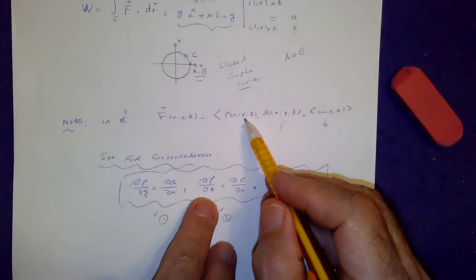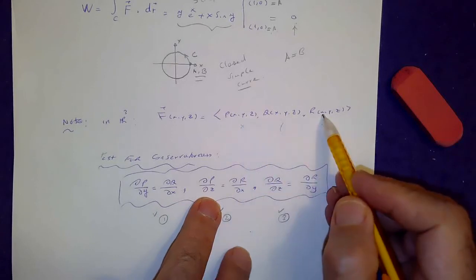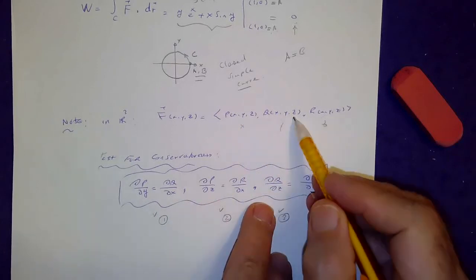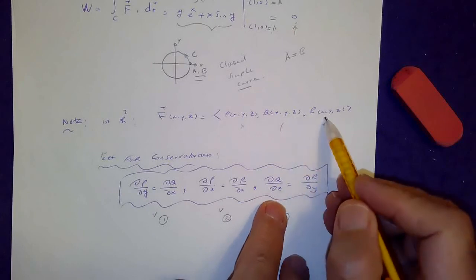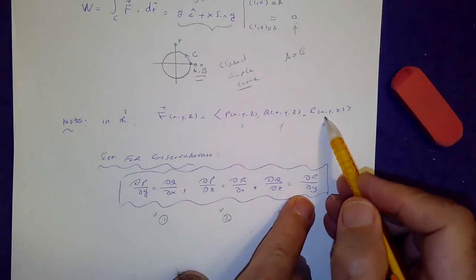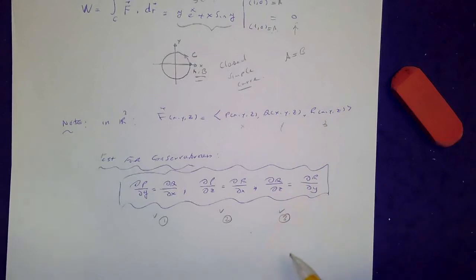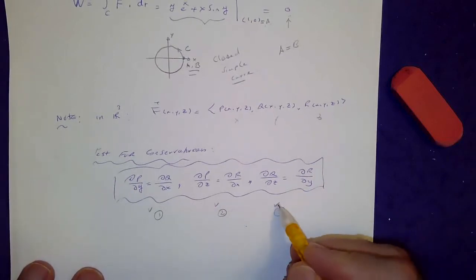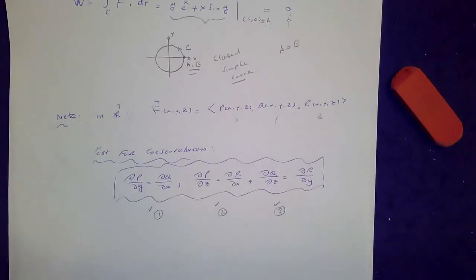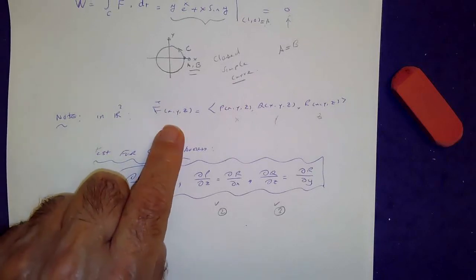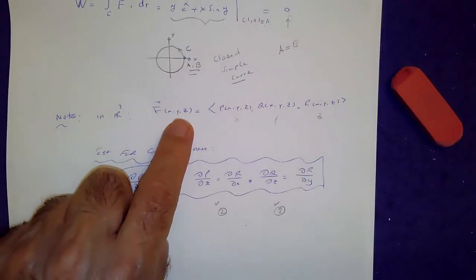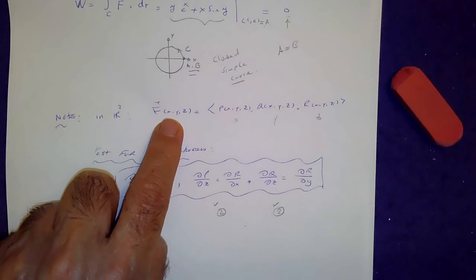Partial of p with respect to z equals partial of r with respect to x. Partial of q with respect to z has to be equal to partial of r with respect to y. All these three proportionalities have to be true in order for a vector field in three dimensions to be conservative.